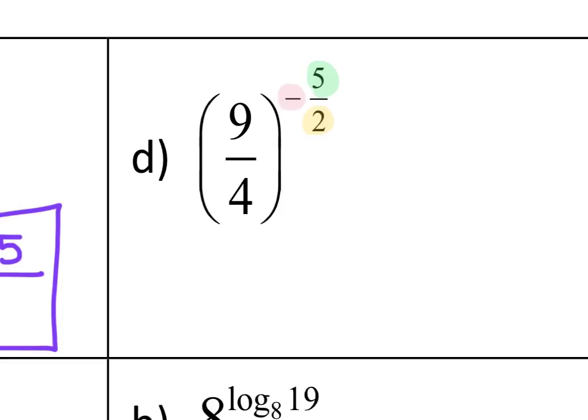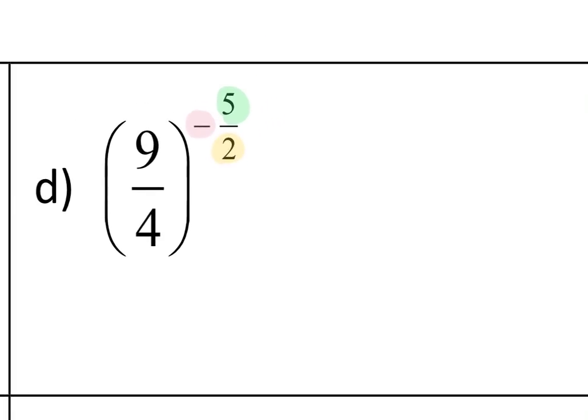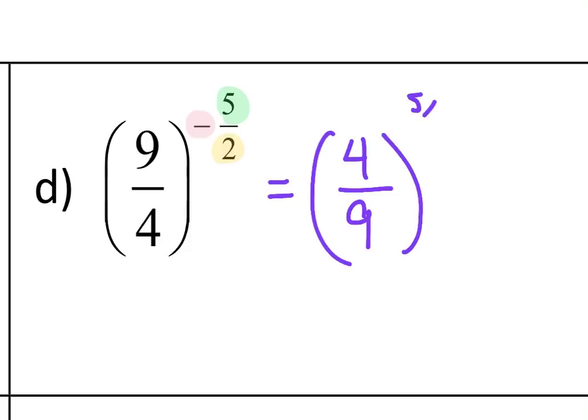I like to get rid of the negative first, and so I will flip the fraction first, and that's the thing I just highlighted in pink, that is the negative exponent. So I'm going to rewrite this as 4 over 9, and then leave 5 halves as 5 halves.